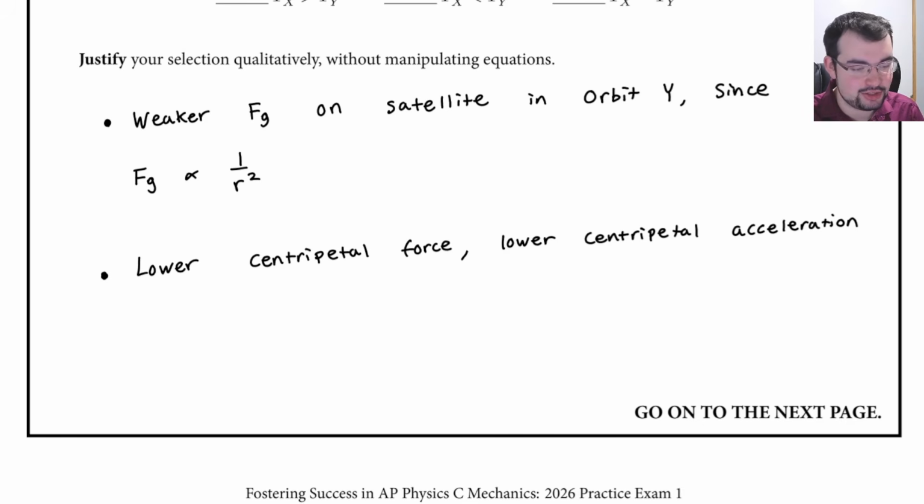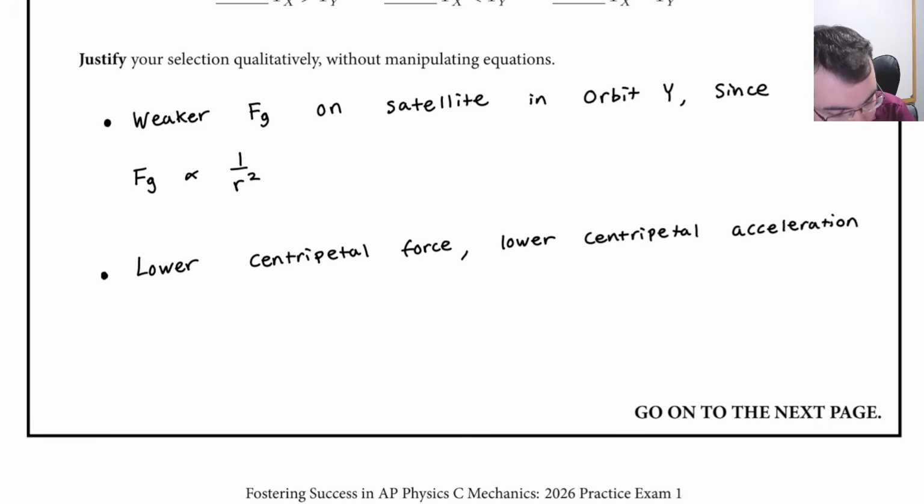And this acceleration isn't speeding us up or slowing it down. It's dictating the rate at which we're curving around this circle. Now to bring it back in, we also know that centripetal acceleration is v squared over r, but that's not totally qualitative.